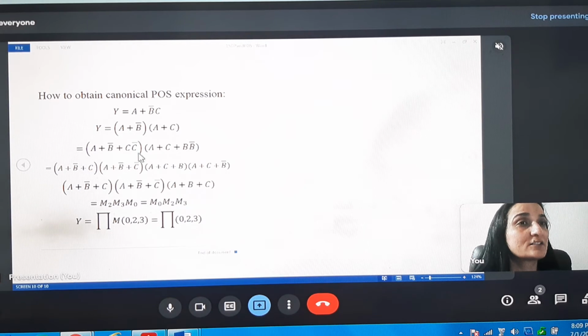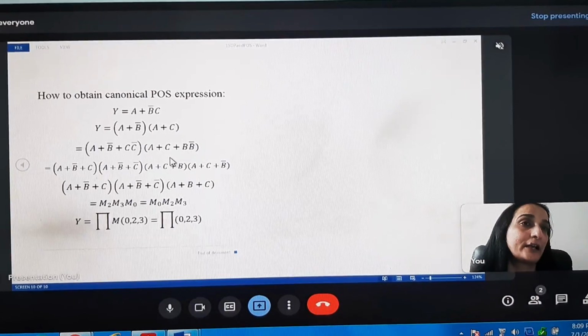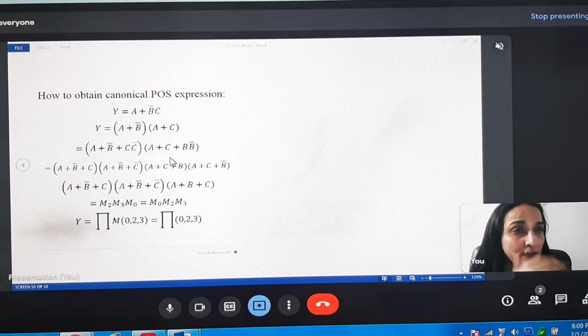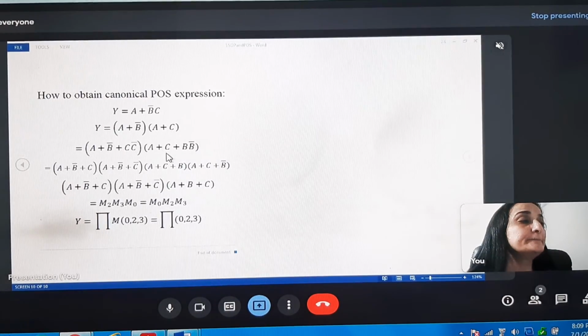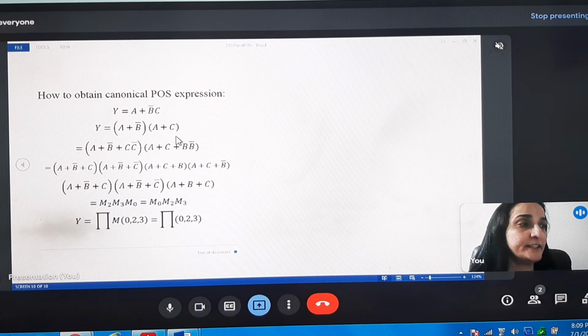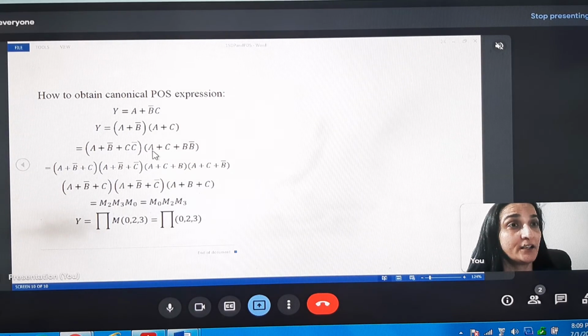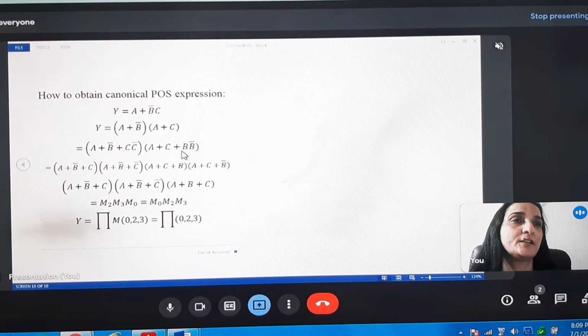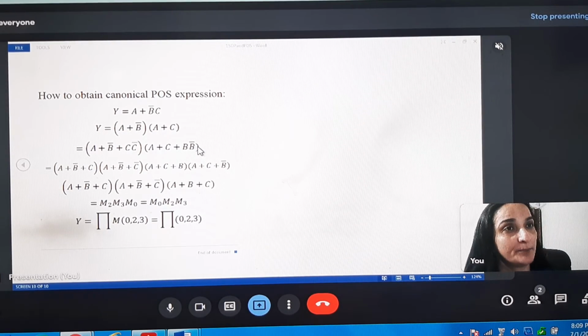So the result will be A plus B bar. So it will not make any difference to our expression and the expressions remain equivalent. Now A plus C, right, A plus C plus B dot B bar.